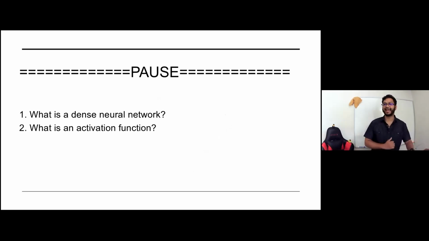It is a function that... Yep, an activation function determines if a neuron is active or not. Nice. So now with that being said, I'm going to stop sharing and then I'm going to move to the first coded example.